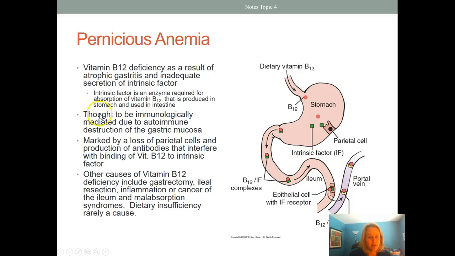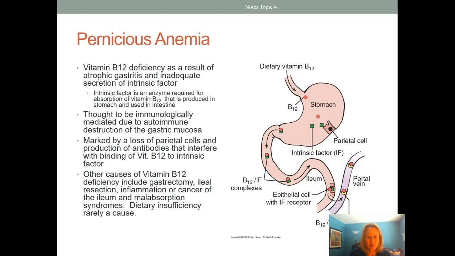Anyway, pernicious anemia is thought to be an immune disorder due to autoimmune destruction of the gastric mucosa. This is marked by a loss of these parietal cells and production of antibodies, so that's going to interfere with binding of B12 to intrinsic factor.